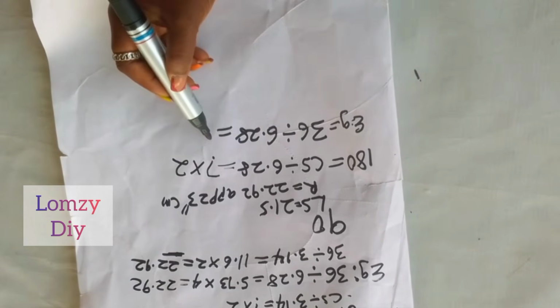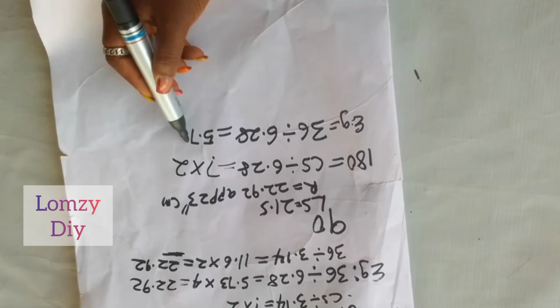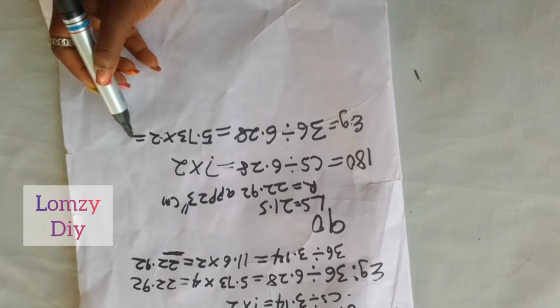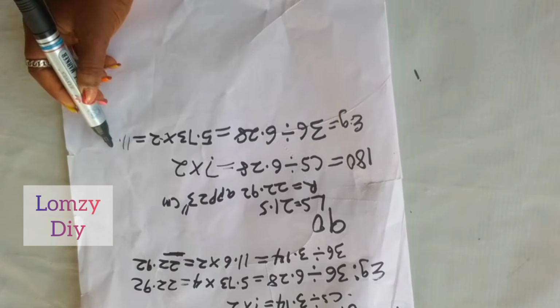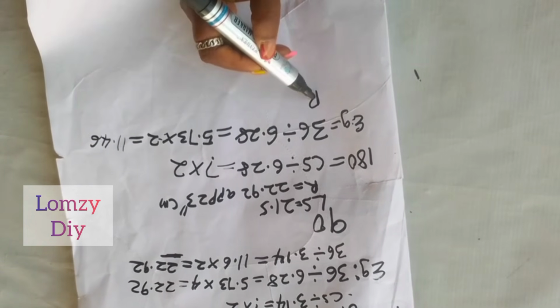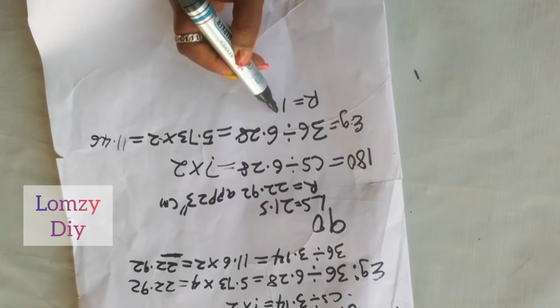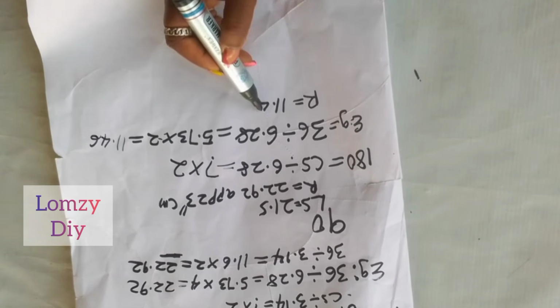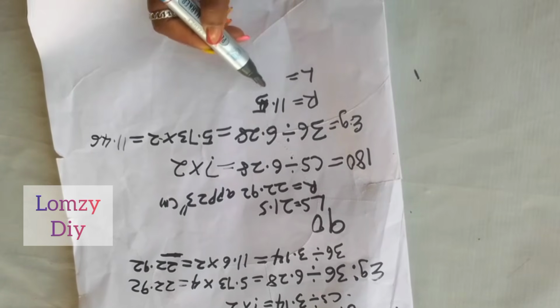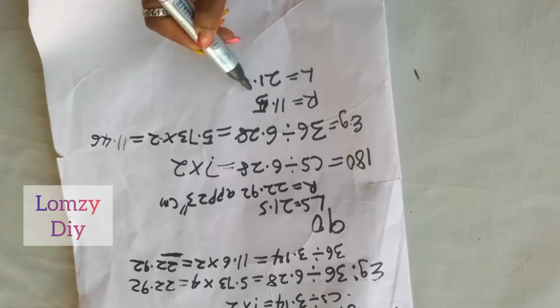Whatever you get, which is 5.73, times this by 2, and you will have 11.46. So our radius is going to be 11.46. You can make this 0.5, and the length remains 21.5.